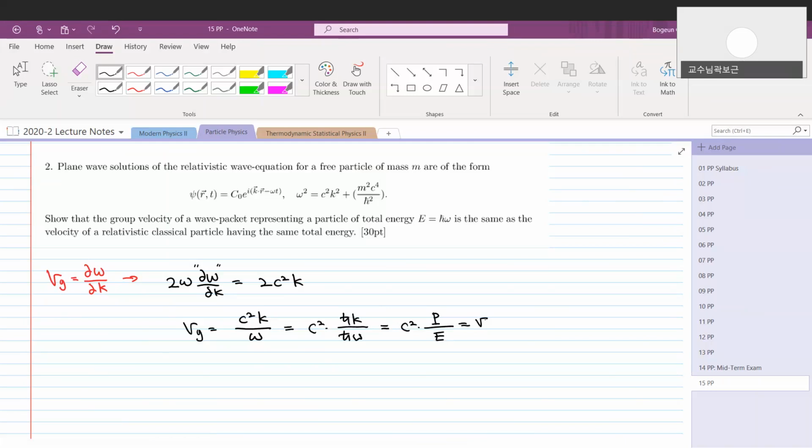So the group velocity of a particle is equal to the relativistic particle's velocity.